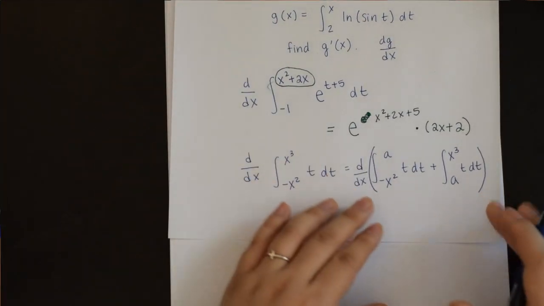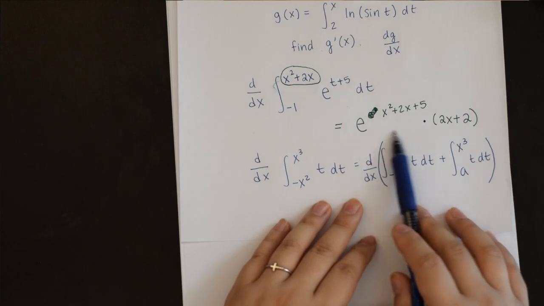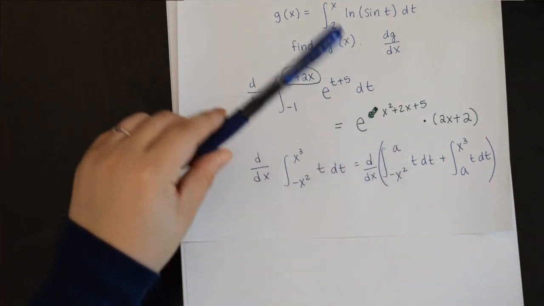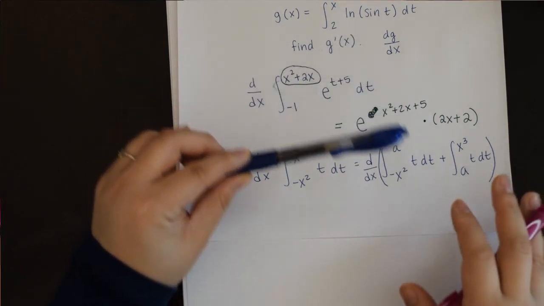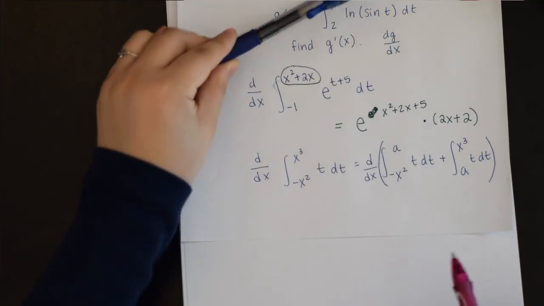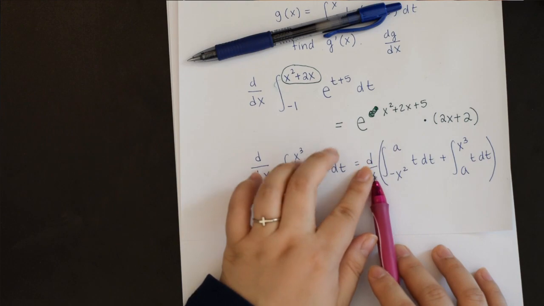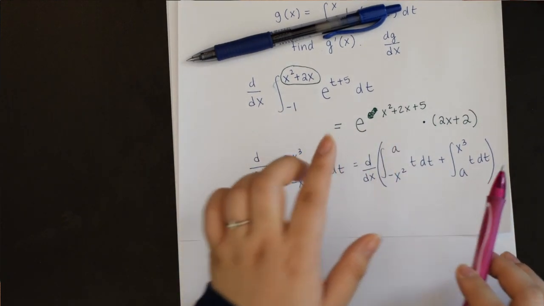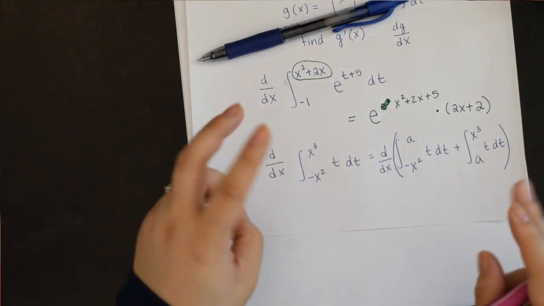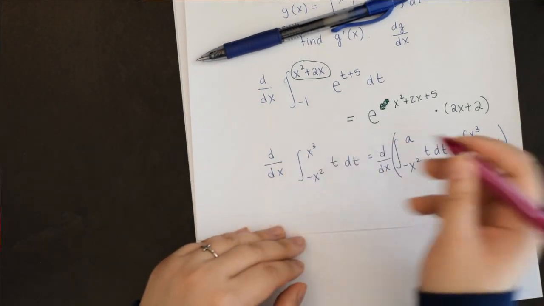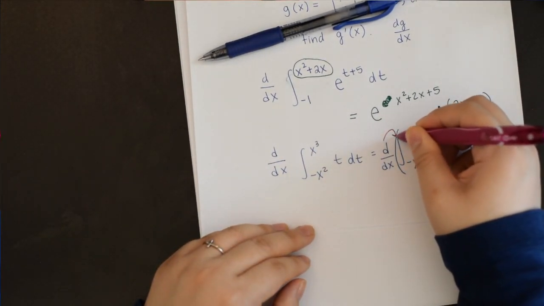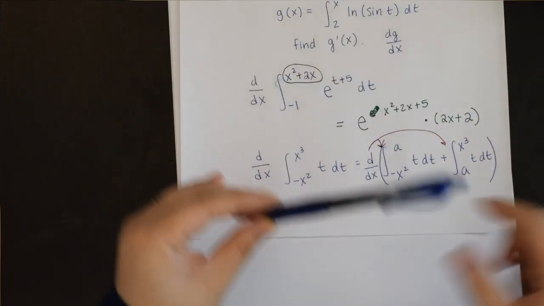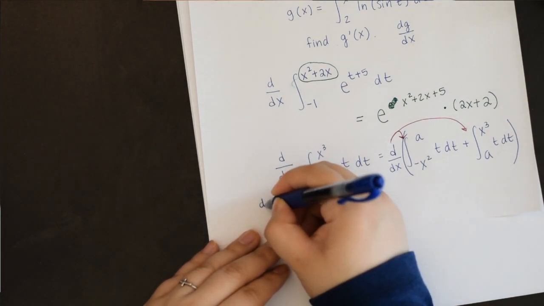So now we are okay to distribute, if you want to put it that way. It's a property of derivatives that if you have the derivative of something plus something, you can take the derivative of each part. So it's not really distributing, but it looks like it. So we can take the derivative of this part plus the derivative of that part, which is good.